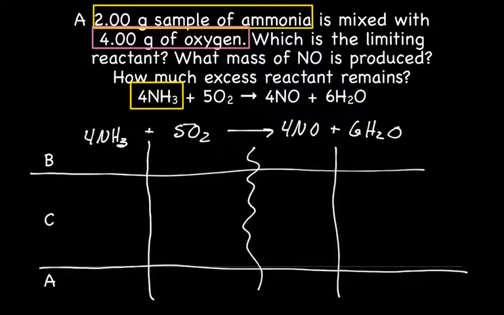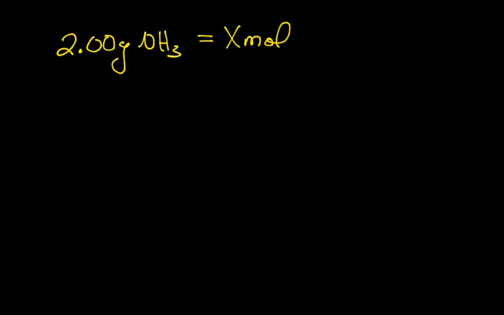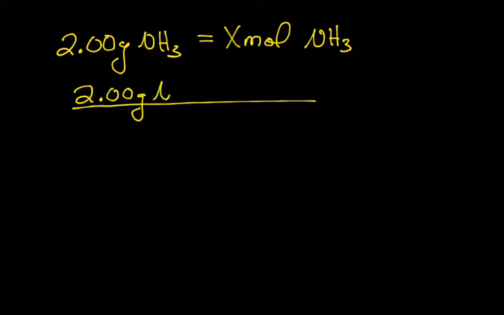So we have 2.00 grams of ammonia equals X moles of ammonia. And this is a basic mole conversion problem, so we'll set up the grid right in our given.